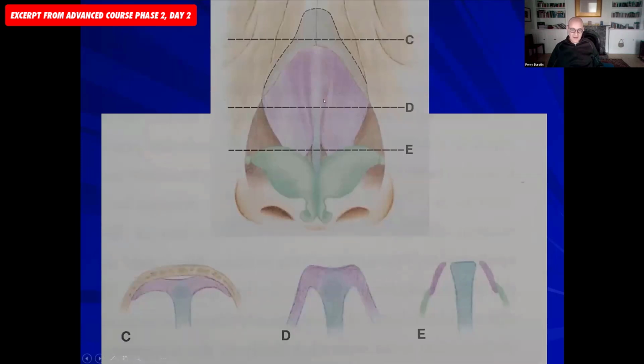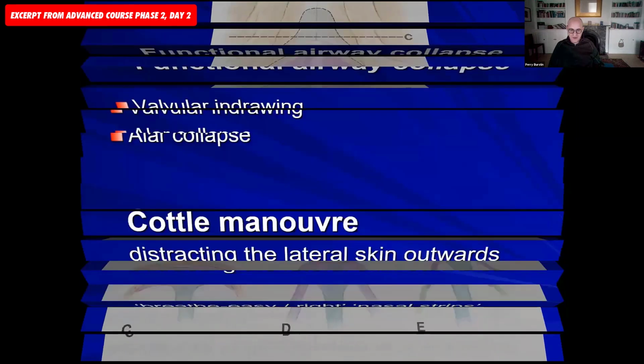And when we're talking about taking sections through it, we're talking about caps of bone here, a more angled area at the internal valve at around D, and around the supratip, the configuration changes, and we've got to take that into account with the nose itself.